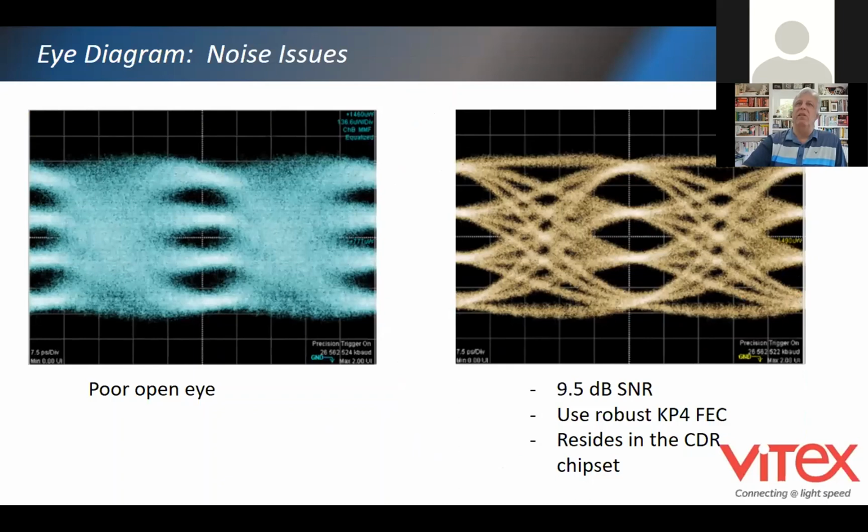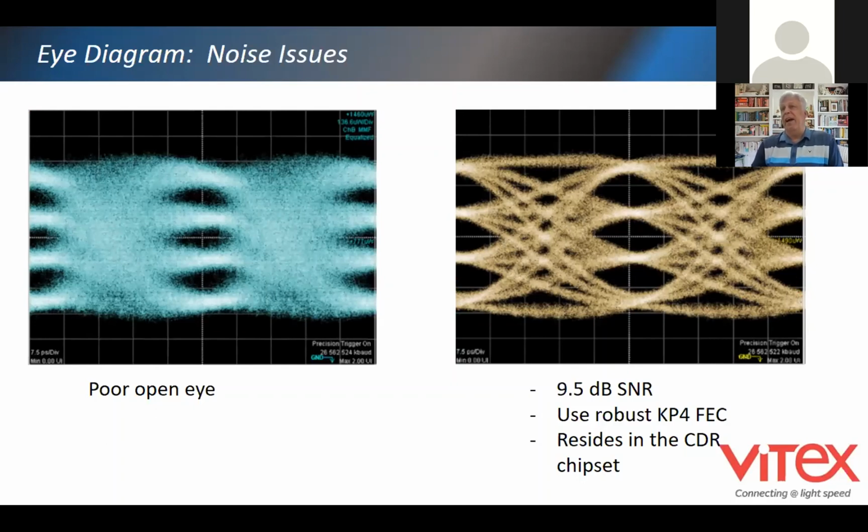We call the little areas in between the lines the eye, and you can see this is a very poor open eye scheme. On the right you can see a little bit better modulation, better signal to noise. And when we move over to PAM4, we do need a more robust forward error correction than we did on NRZ. This new forward error correction is called KP4 FEC, or forward error correction.